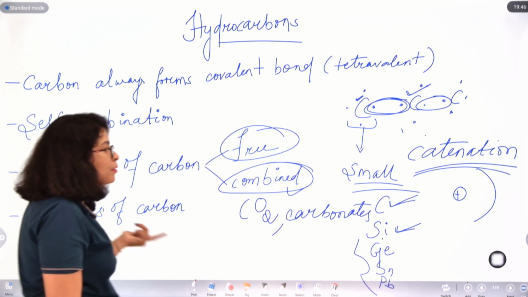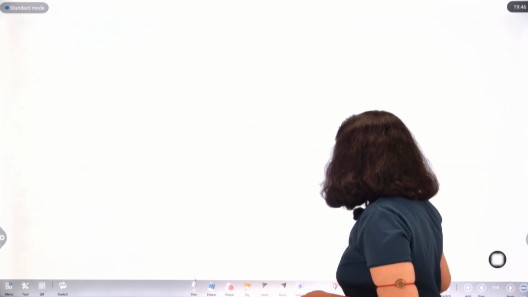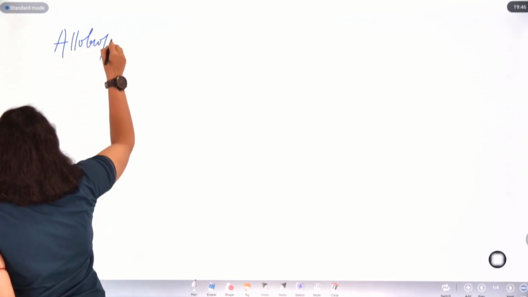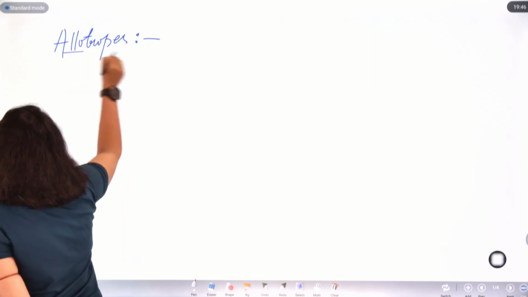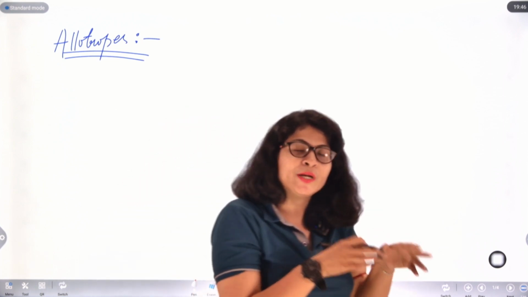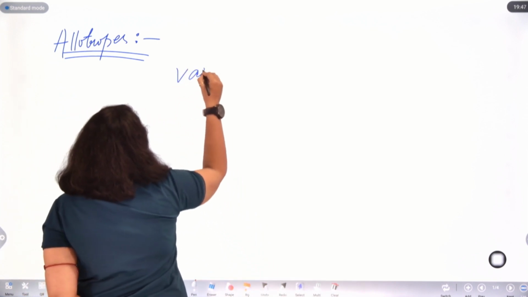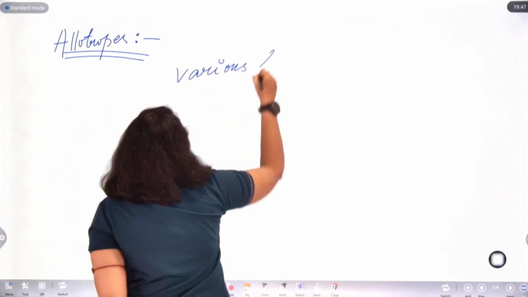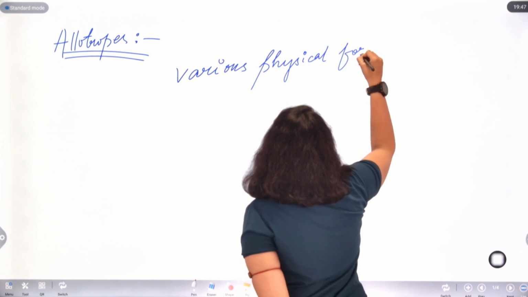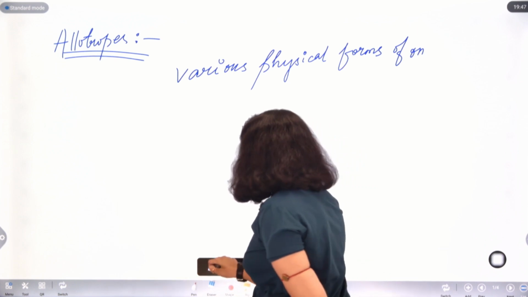Now, we will understand a very important thing. What are allotropes? Allotropes of carbon. Basically, allotropes of something are various physical forms of one particular element. Let us write: allotropes are various physical forms of an element.